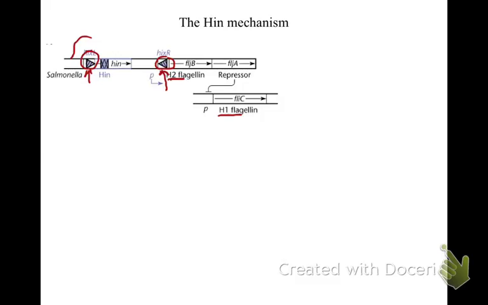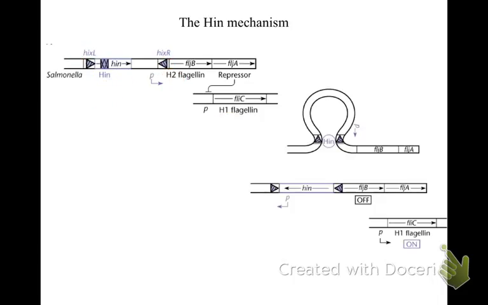Here is the Hin gene in between those invertible regions, and the promoter for Hin is active all the time, so we're always making some Hin protein. And Hin, as I said, will be able to bind to this and flip this whole region around, and that's shown here just to remind you how these inverted repeats work. The hix L and R sites are shown right here, and Hin can bring those together, and then of course change this whole thing.